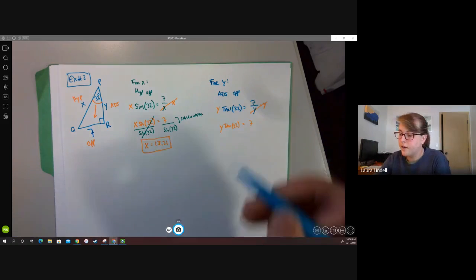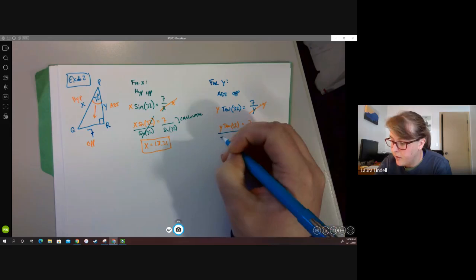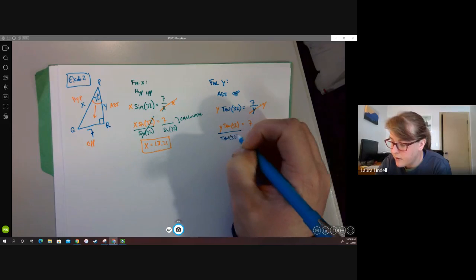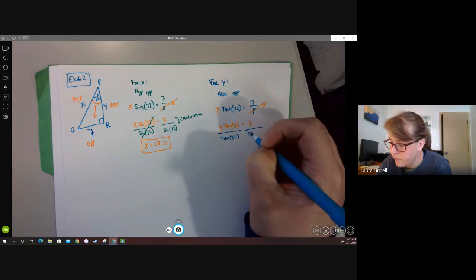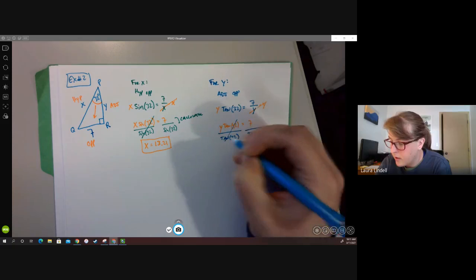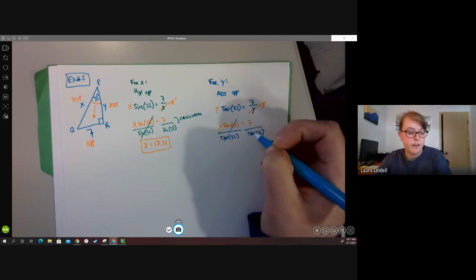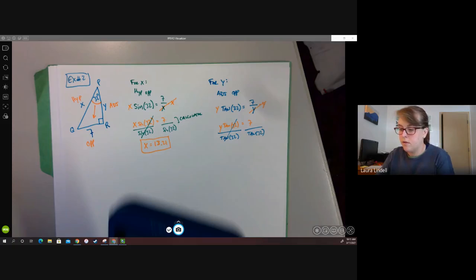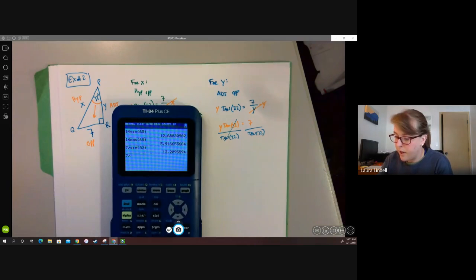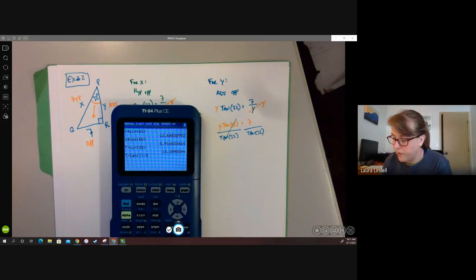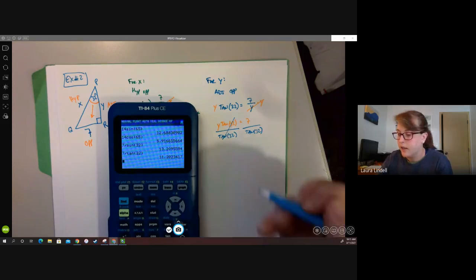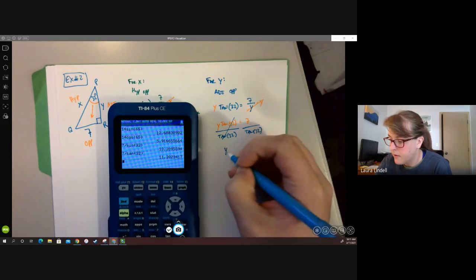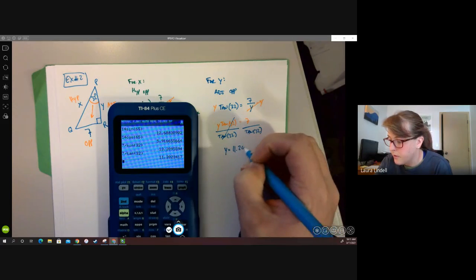Then we'll divide by tangent of 32 on both sides. And then we put this into the calculator. 7 divided by tangent of 32. Enter. And we get 11.202.